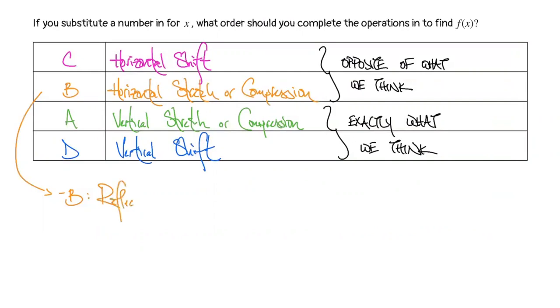So, yep, we say it's a reflection over the y-axis. And the reason why I'm putting that in quotes is because after we've moved it, now we flip it over where that new center is. Okay. And then what if we have a negative A? What does that do? A reflection on the x-axis. Good.